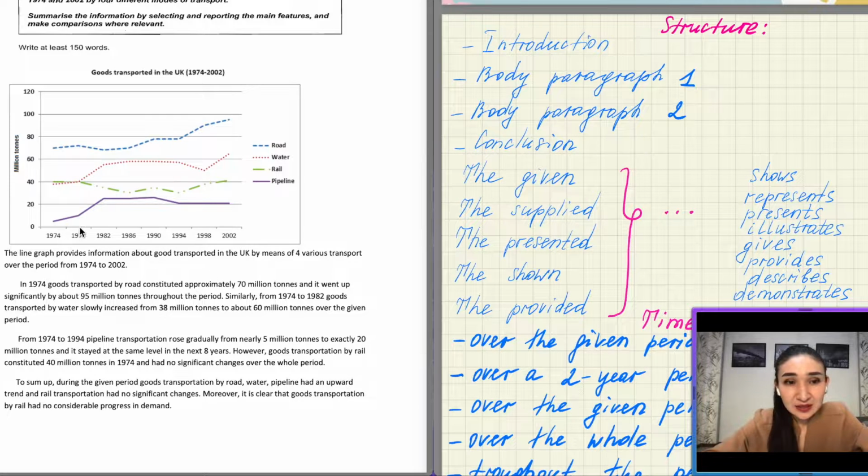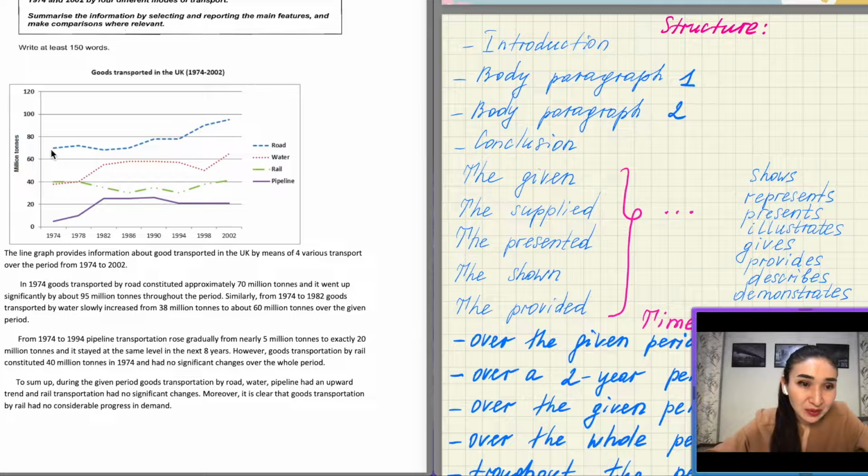But this is us describing each line, and we can't just describe each line. We have to describe by comparing them to each other, which I've done here. So in 1974, goods transported by road constituted approximately 70 million tons, and it went up significantly by 95 million tons throughout the period.